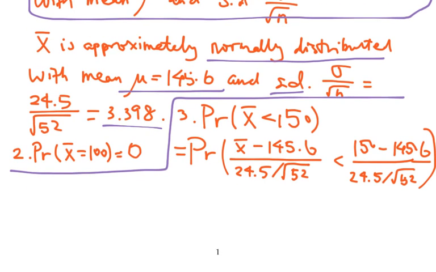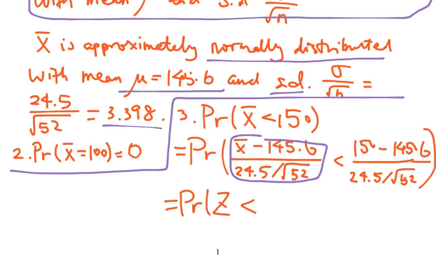And then you can see that this part is a standard normal distribution. I'm going to use Z, capital Z, to represent the standard normal distribution, less than, if we do the calculation of the right hand side, we know it is equal to 1.29506.